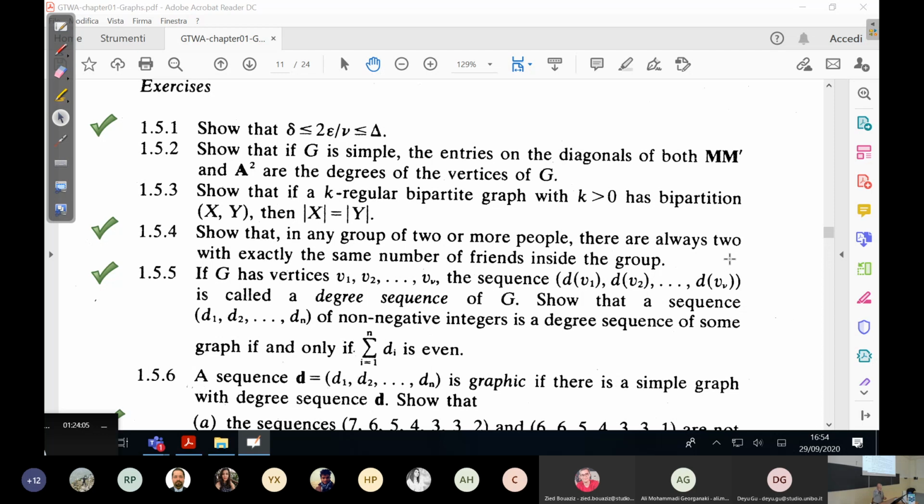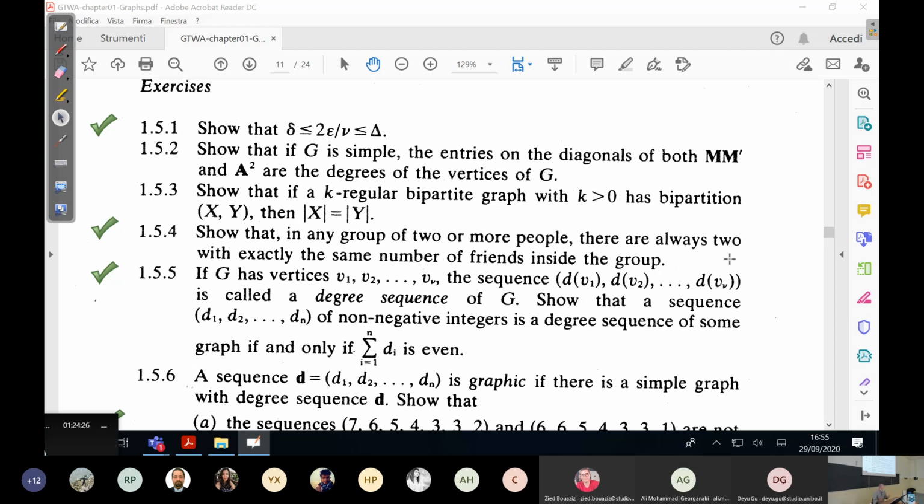If you have a degree 0 vertex, take it away. Meaning if you have a lonely person in that group who has no friends, please take it away and just discuss all the ones which have at least one friend.